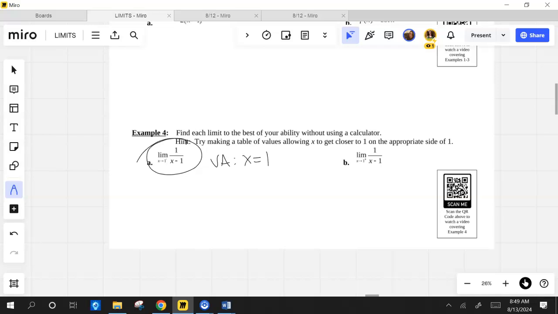But the question is, which way is my graph going? Because this is saying as x approaches 1 from the left. So from the left, and this is an easy example, but just to show you, as I approach from the left, that means I'm looking at numbers like 0.9, 0.99, 0.9999.